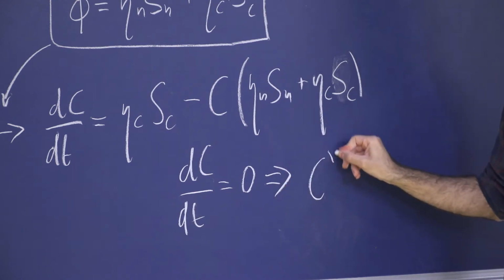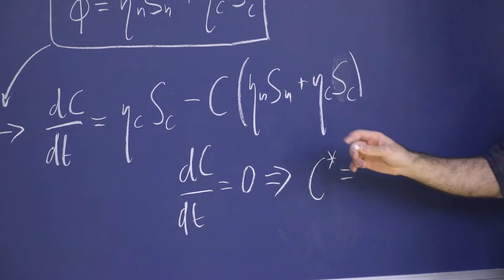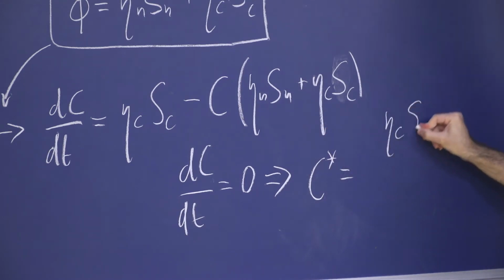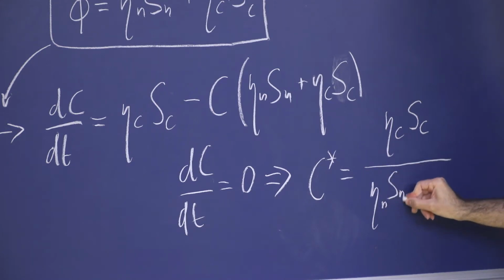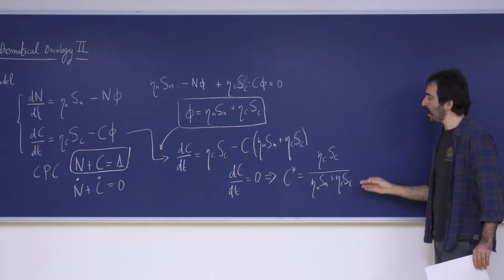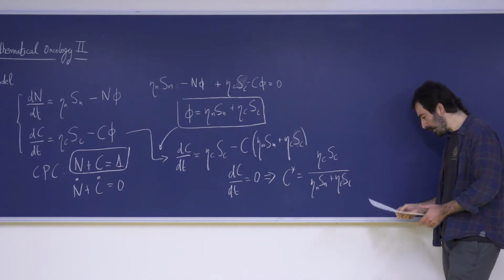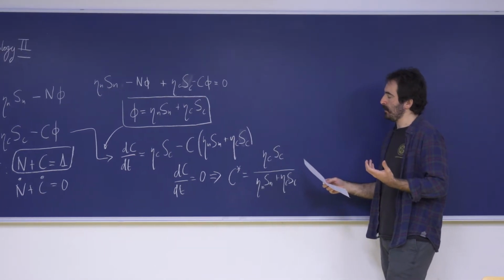And very simply we can see that for this specific case, and that's quite easy to do, we obtain the following. All right, so now we have our fixed point.